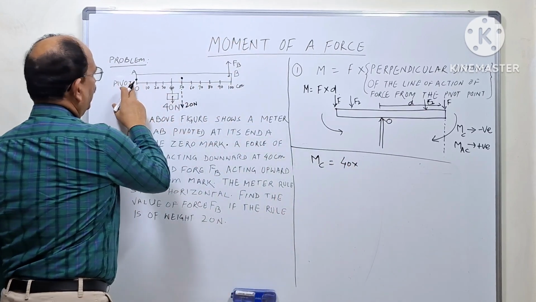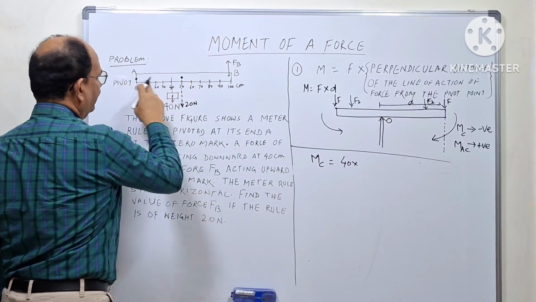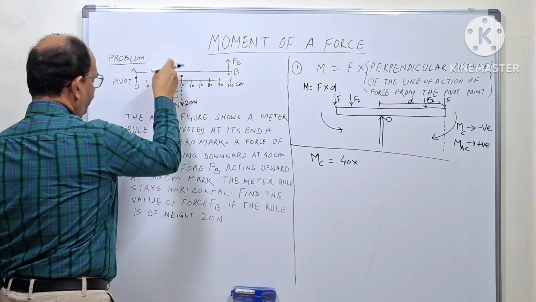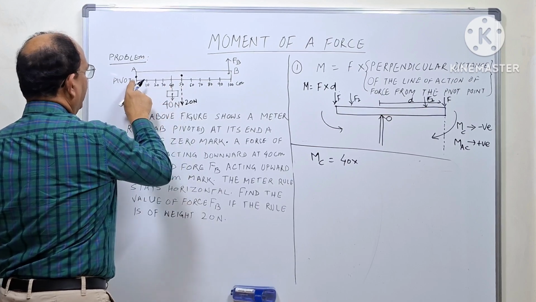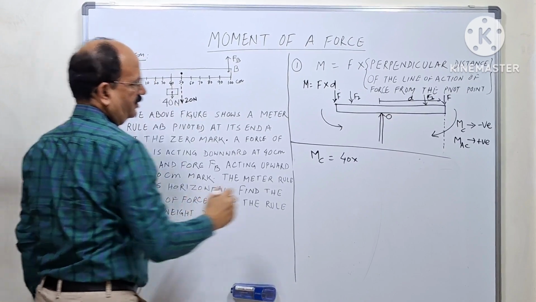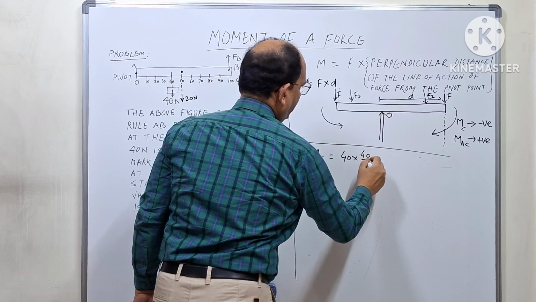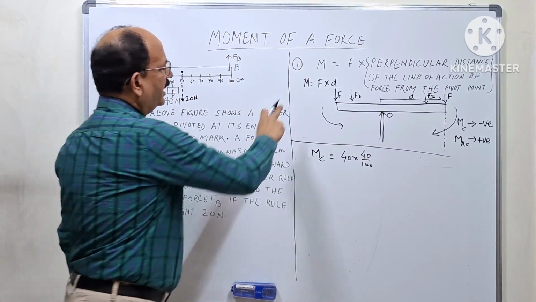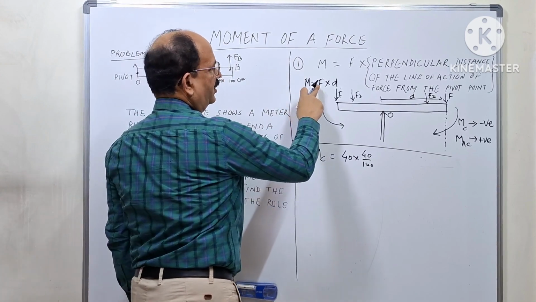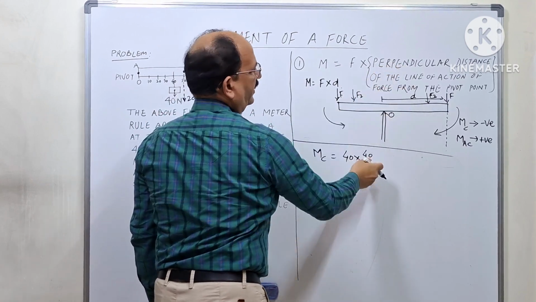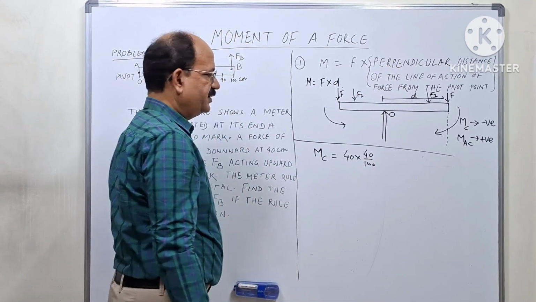And from the pivot point, the perpendicular distance of the line of action of the 40 Newton force is 40 centimeter. So 40 by 100 meter will be the perpendicular distance. That is how we calculate moment of the force: force multiplied by perpendicular distance of the line of action of force from the pivot point, right?